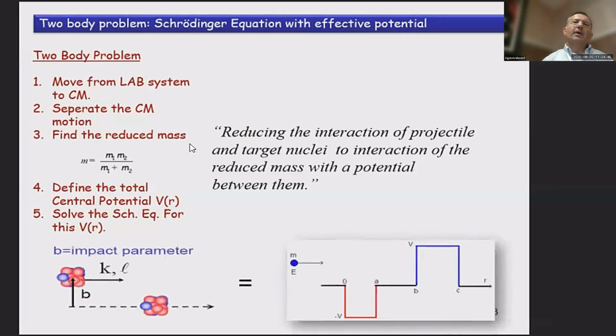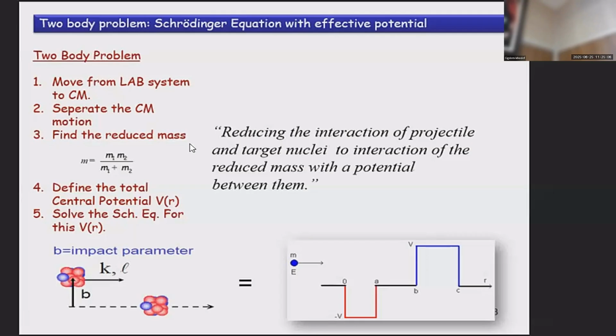Now, this is the experiment on the left: a projectile particle with an impact parameter B is coming to the fixed target. The result of this experiment is exactly the same as this one.